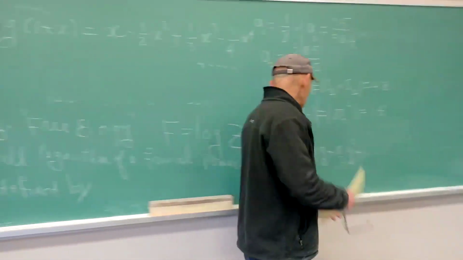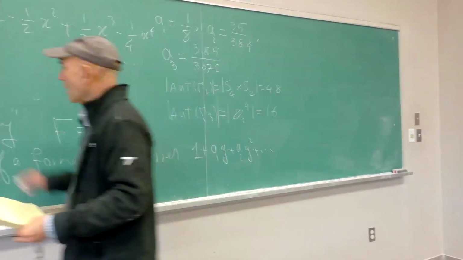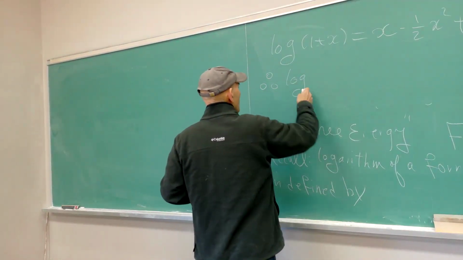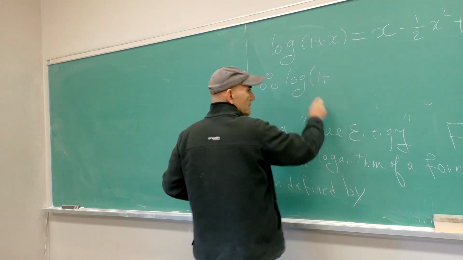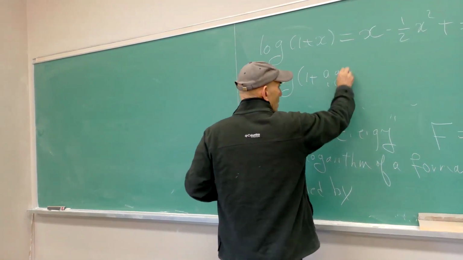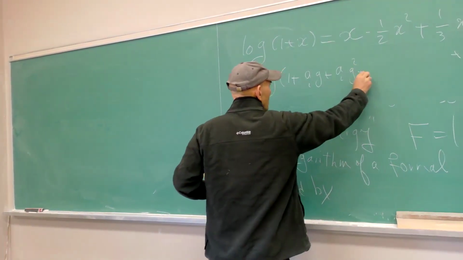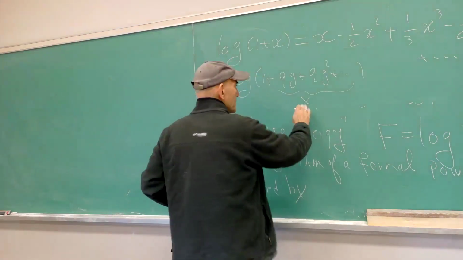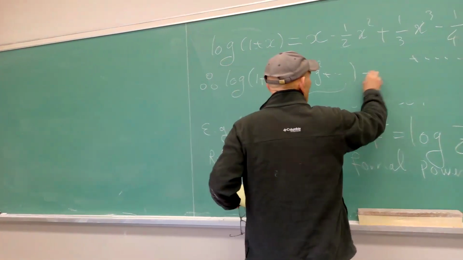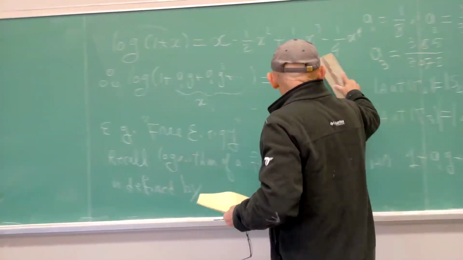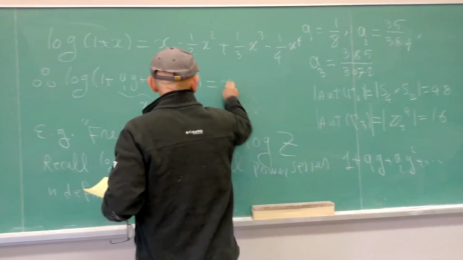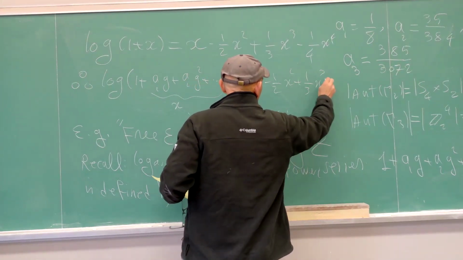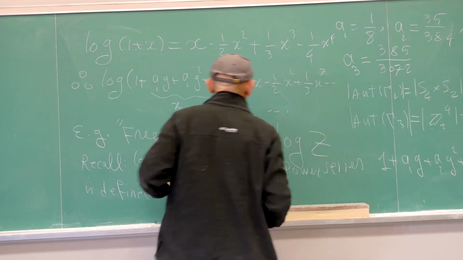Okay. So then, this is not a conclusion, it's a definition: log of 1 plus A1 g plus A2 g squared, and so on. We just see this as x now, and then we write it as x minus 1/2 x squared plus 1/3 x cubed, and so on.